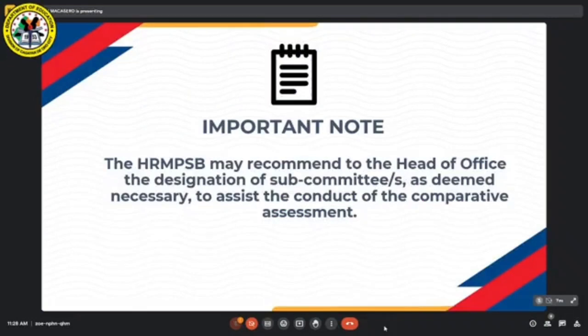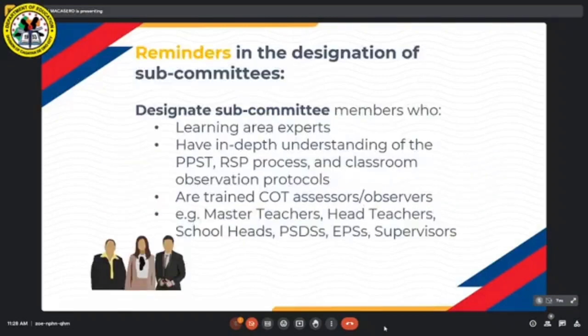So, this will be the note to be considered by the HRMPSB, which will recommend to our schools division superintendent, who is the head of office. As I mentioned a while ago, these are the members of the subcommittee: our learning area experts who have in-depth understanding of the PPST and are trained COTs, our master teachers, head teachers, school heads, public schools district supervisors, as well as our education program supervisors.